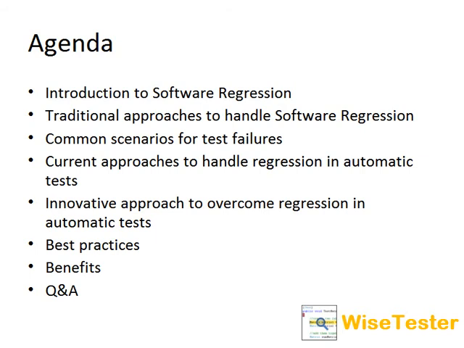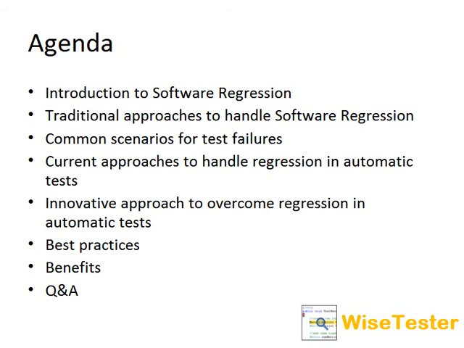So let's talk a little about the agenda, the main topics we are going to discuss today. We are going to introduce the software regression, and we are going to discuss types of software regressions. Next, we will discuss traditional approaches to handle software regression today.